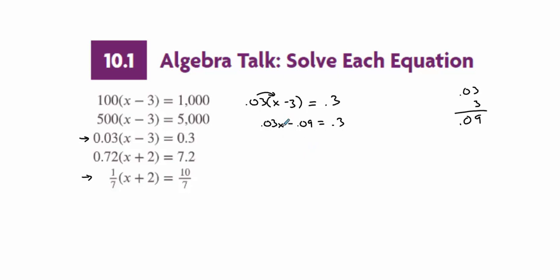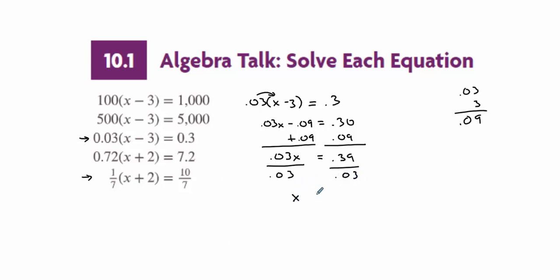Now I want to get the x's by themselves, so since I'm subtracting 0.09, I'm going to add 0.09 to both sides. So I end up with 0.03x is equal to 0.39. Now I would divide by 0.03 and divide by 0.03.